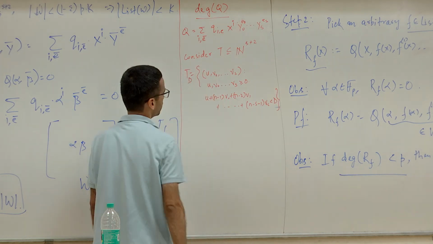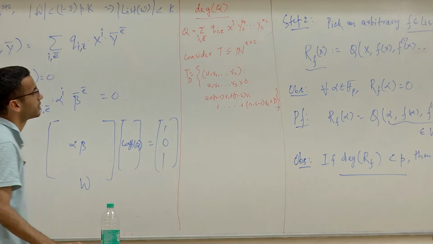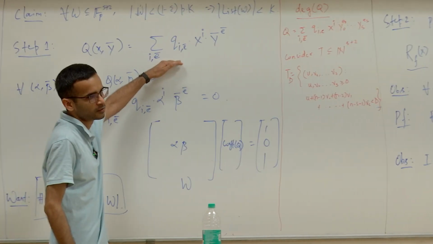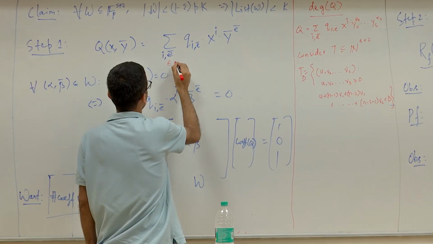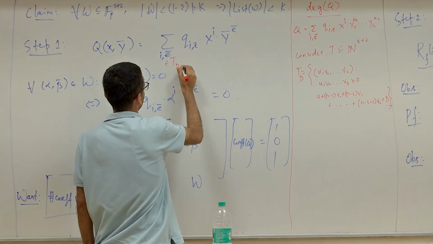I am defining the set of monomials we want here, defining the indices we want, and so I want to say that we are only going to sum over things in T sub D.